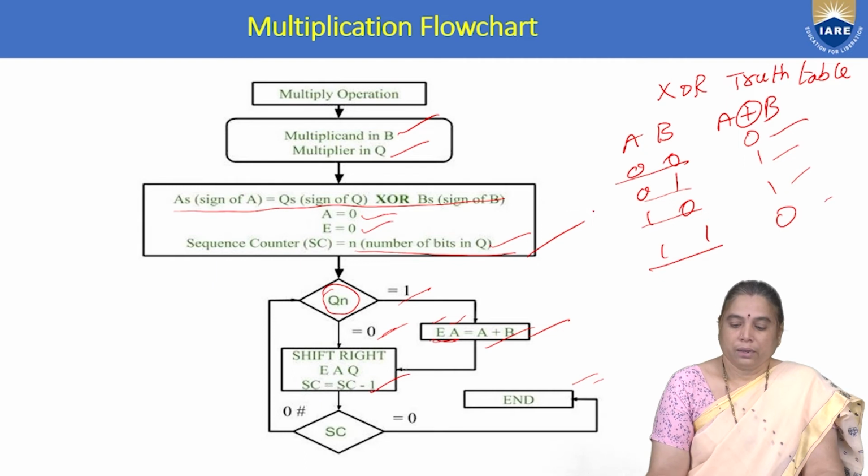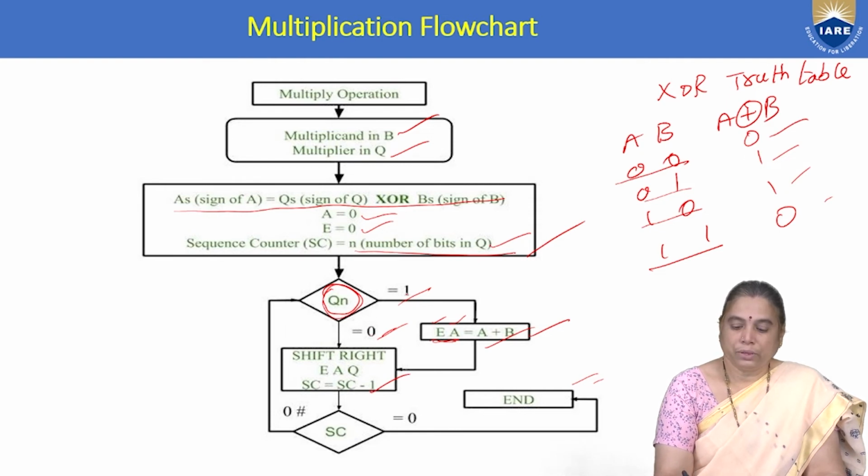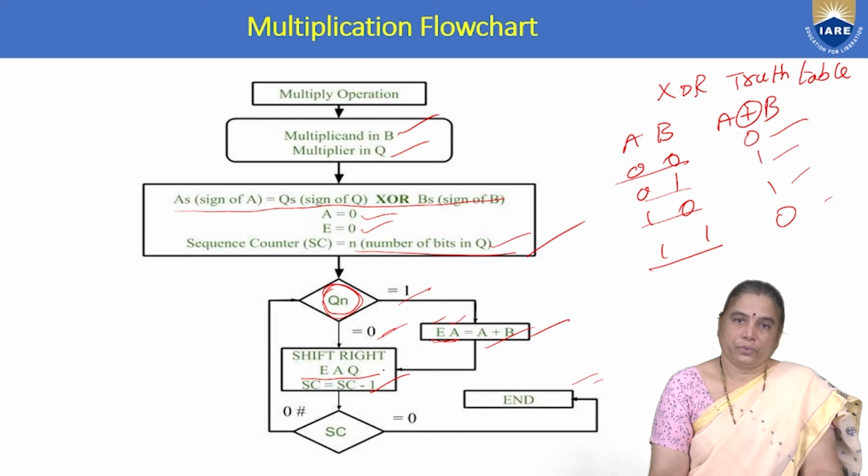Next, we consider the Qn value and check whether it is 0 or 1. If it is 1, the A plus B operation is carried out. Later on, the shift right operation is performed on the EAQ registers.